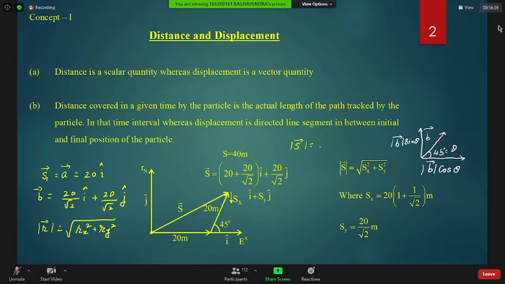What is the need of calculation? Already the x component you got is 20 times (1 plus 1 by root 2) meter, the y component you got, and you already know the square root of sx squared plus sy squared. So why bother? Am I right, all my children? Yes, sir.